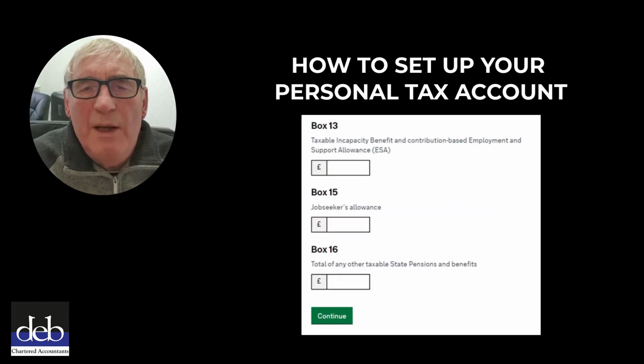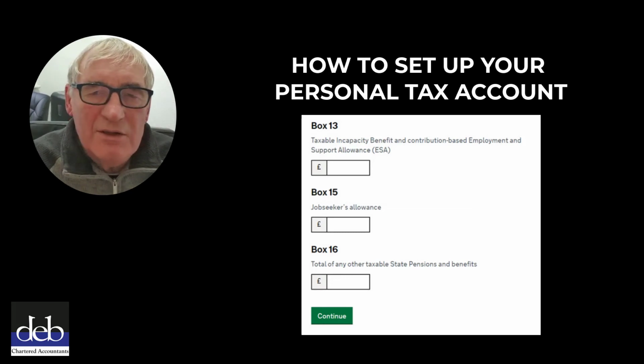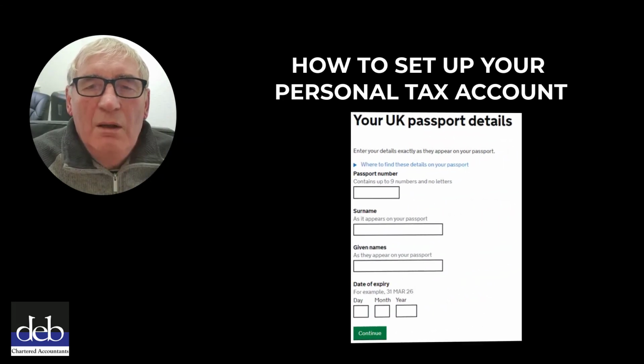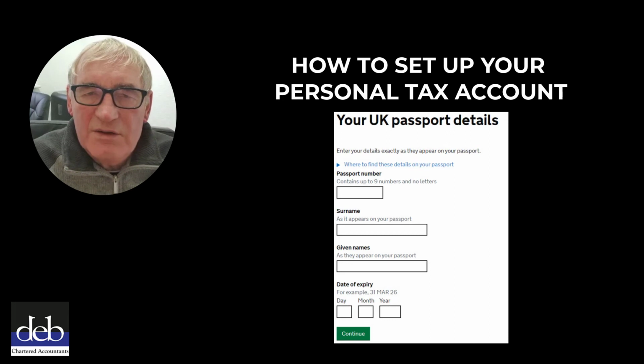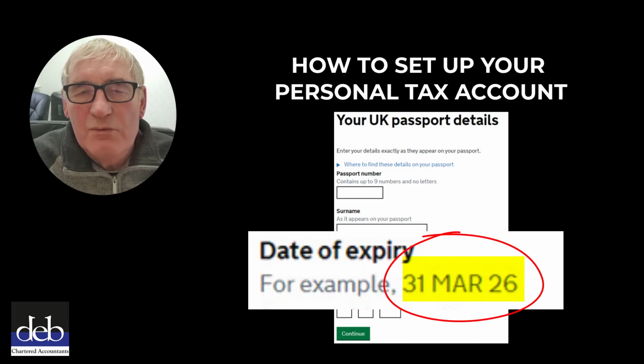On the self-assessment page, it asks you to indicate the amounts that you have entered on your tax return in a selection of boxes. You should enter nought for any boxes that didn't apply to you. At the bottom of the page, click on Continue. The passport questions are self-explanatory, though again, you need to be careful to get the format of the date in this question right.